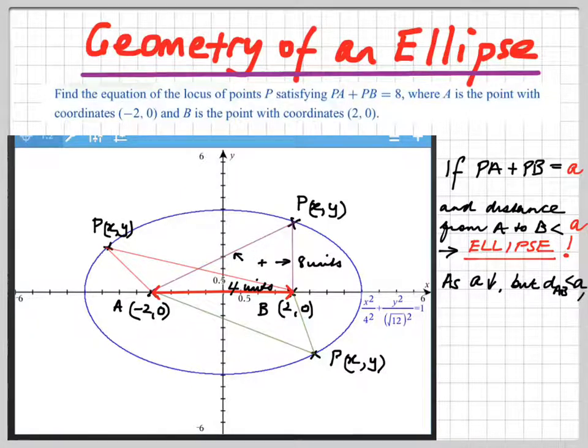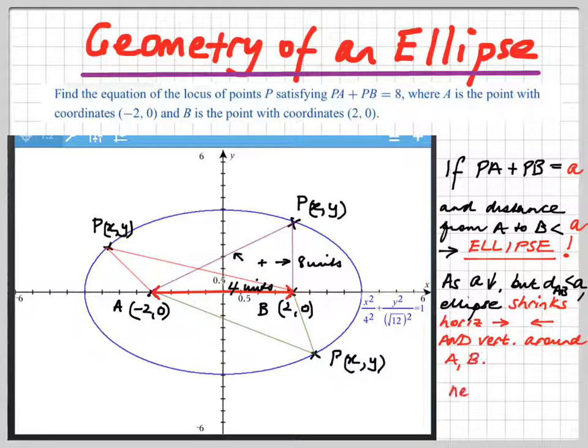Now, as little a goes down, say 7 or 6 or whatever, but the distance from capital A to capital B, the foci, is still less than that, it still works as an ellipse. But you can imagine, if little a is getting less, then the string is getting less long, and therefore the ellipse shrinks. Isn't this great? It shrinks horizontally, inwards, and vertically, around the focal points A and B.